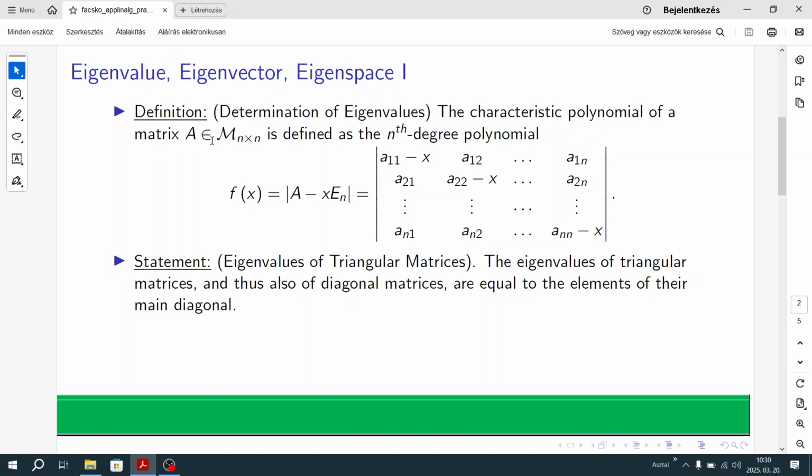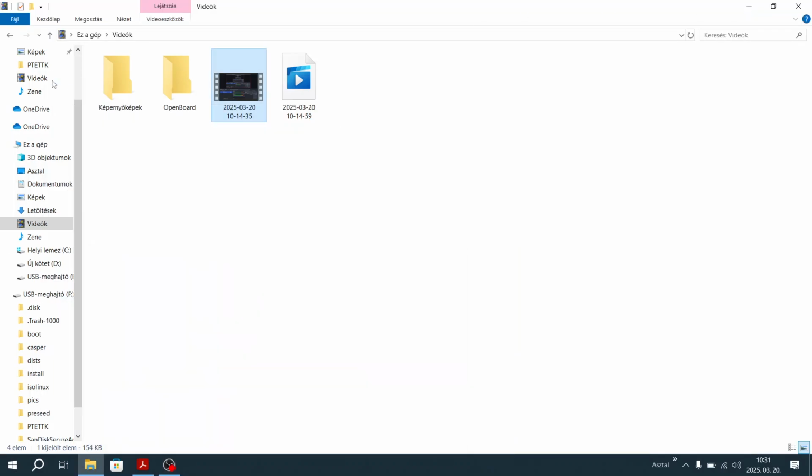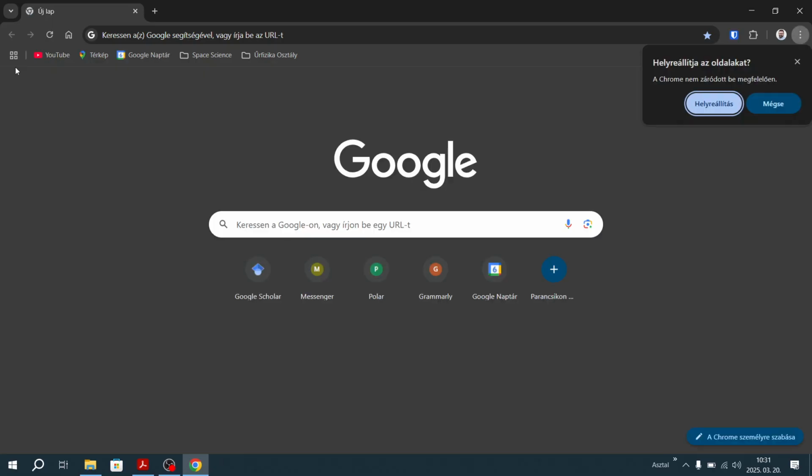Not all, but many square matrices can be transformed to a diagonal form. That's practical. Okay, so now I'm stopping talking, and the problem is that it is not here, but it is here, fortunately.